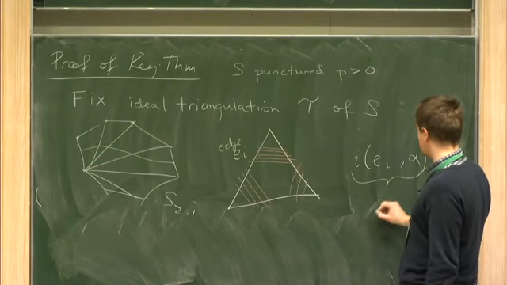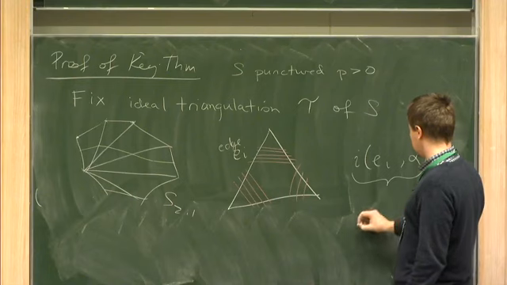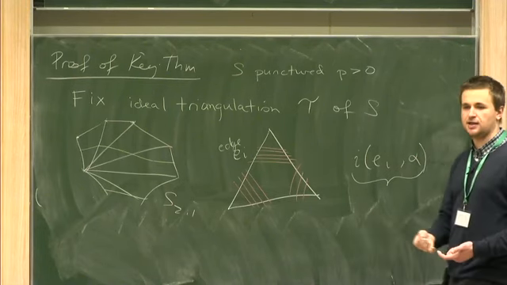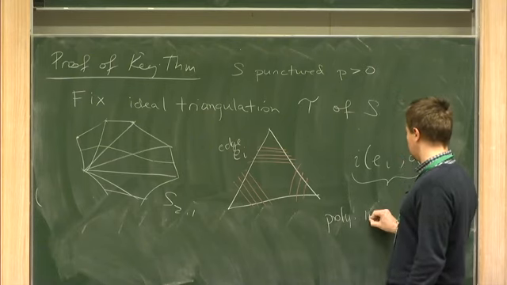And these are given to me in bits. So when I say polynomial time, I mean it's polynomial in the bit size.